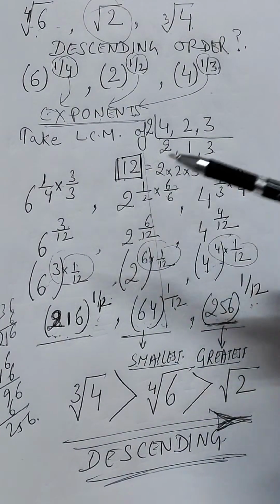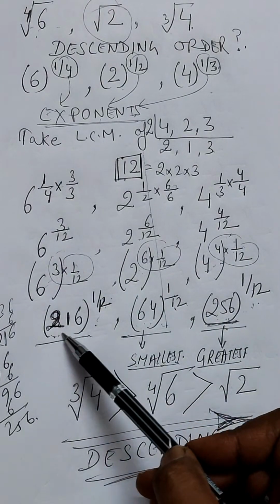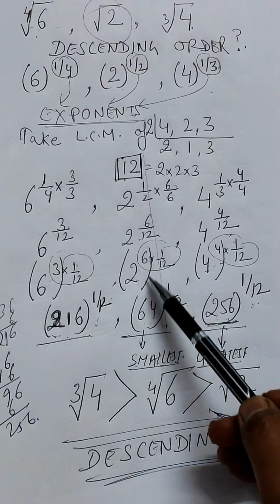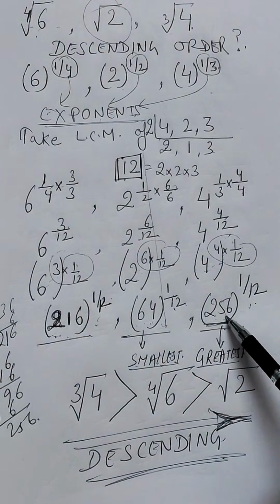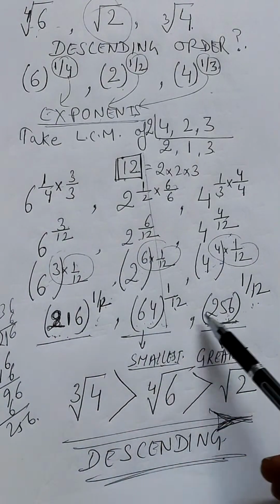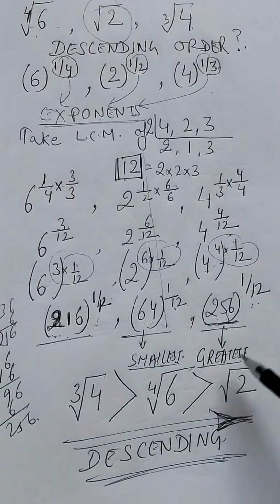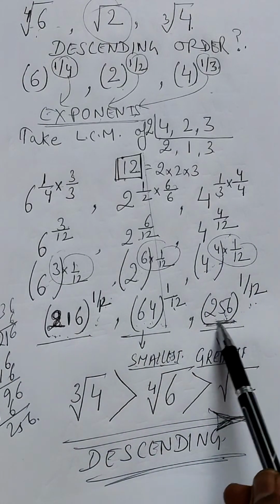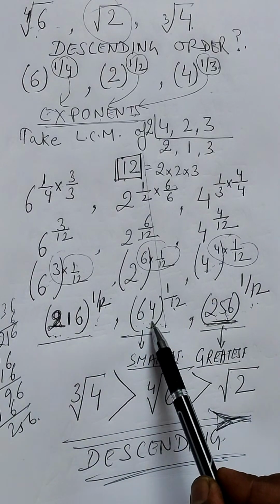And in the second line, the only thing we need to know is 6 power 3, what is the number? 216. 2 power 6, what is the number? 64. 4 power 4, what is the number? 256. When you come to the second step, you can easily arrange them into descending order, because you know that 256 is always greater than 216 and 64, right?